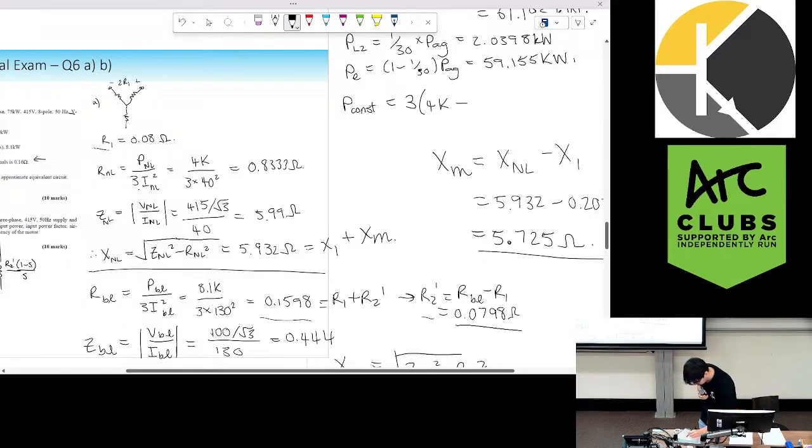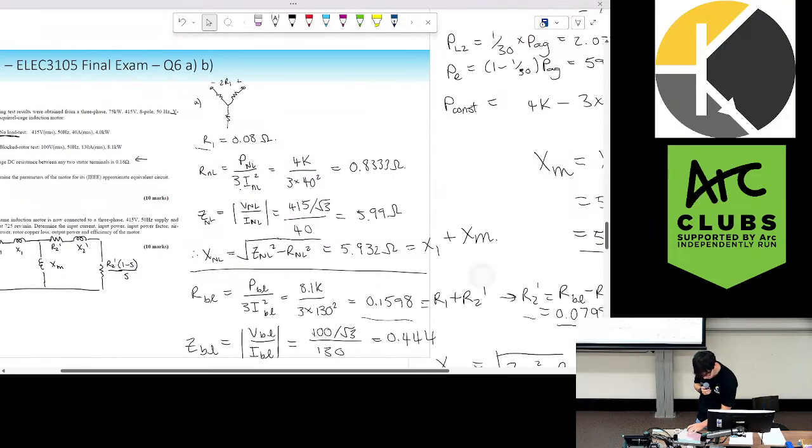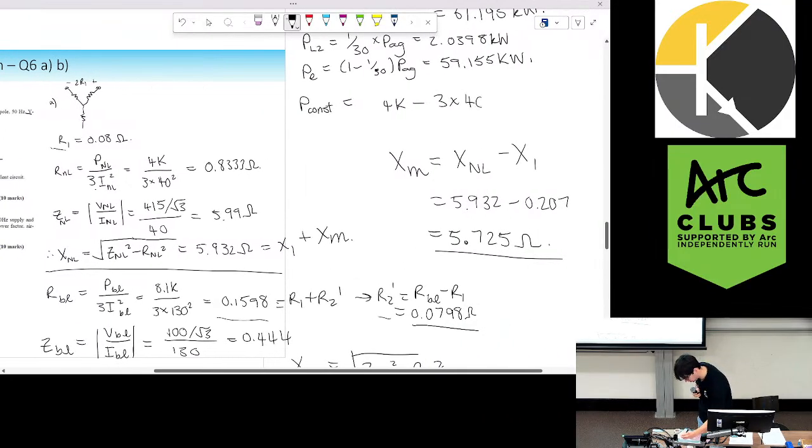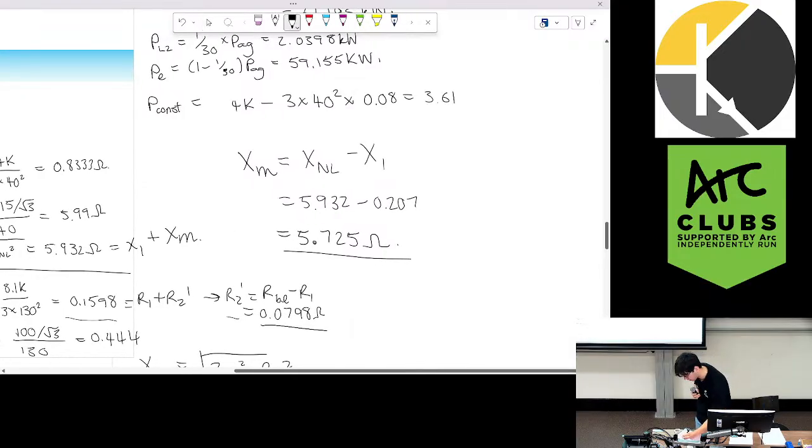This is already 3 phase power, so I'll not multiply by 3. So we have 3 phase power minus 3 times no load current squared, which was 40, times our R1, which was 0.08. So our constant losses come to a value of 3.616 kilowatt.